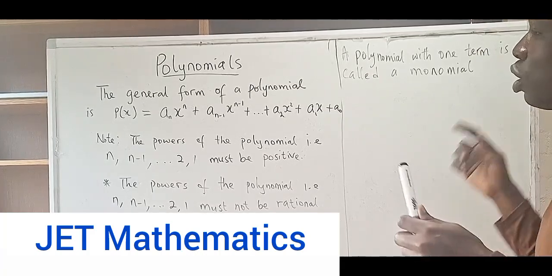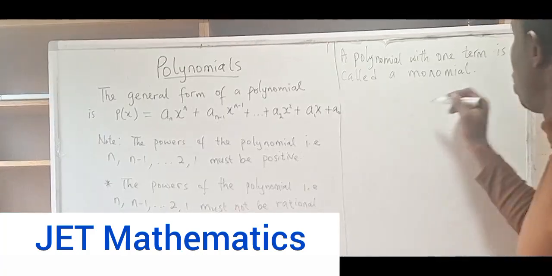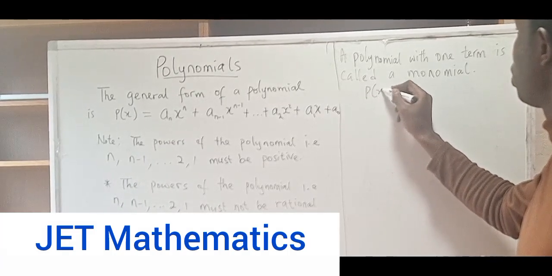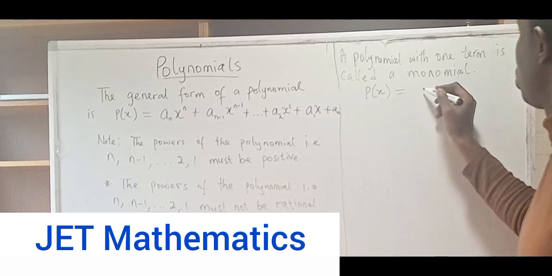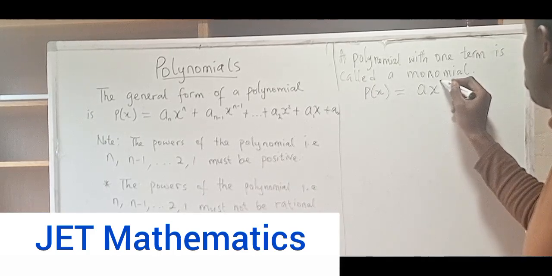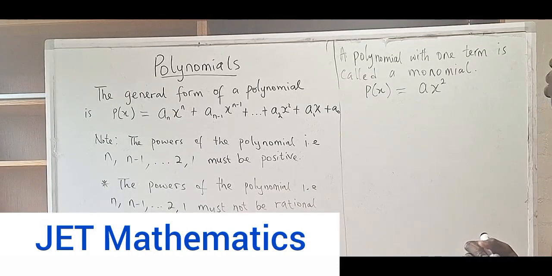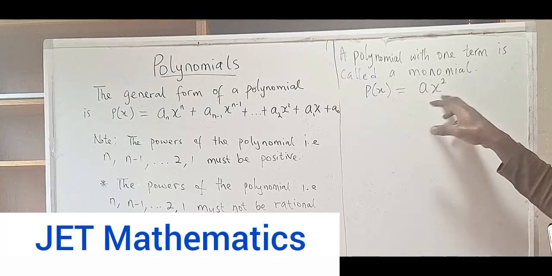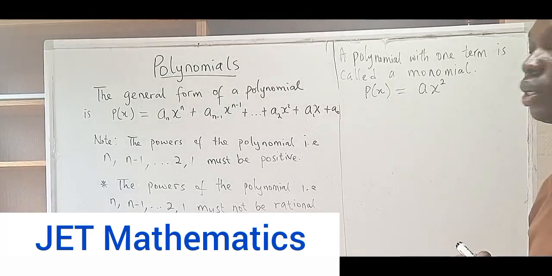So it has just one term. Let's say P of x is equal to x squared. This is a polynomial with just one term. It's a monomial.